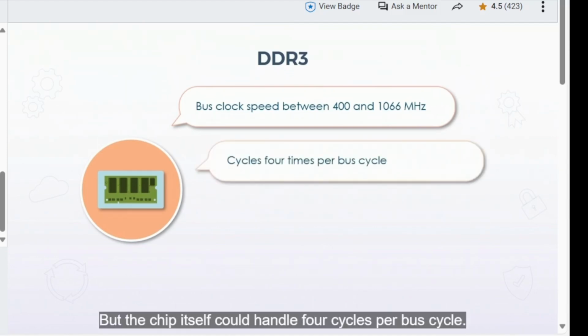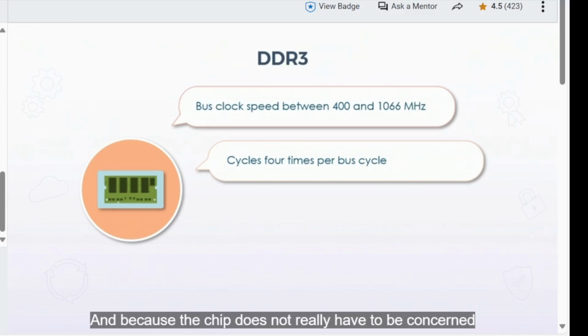But the chip itself could handle 4 cycles per bus cycle. In other words, when it comes to all implementations of DDR, there are actually 2 applicable clock speeds, the speed of the bus and the speed of the chip itself.